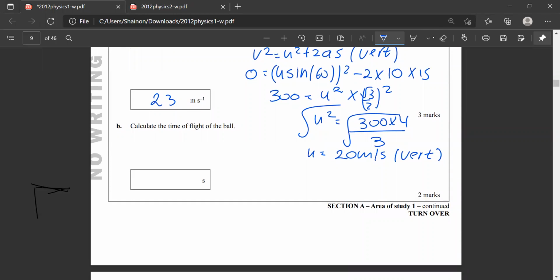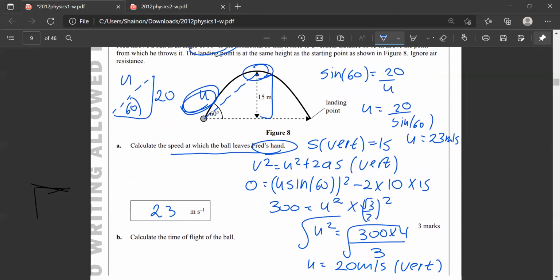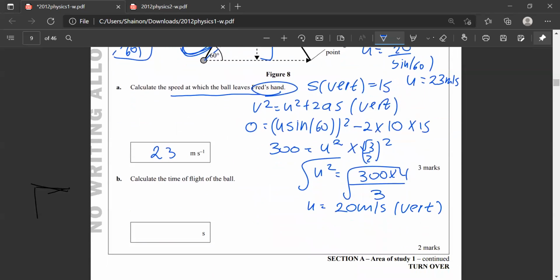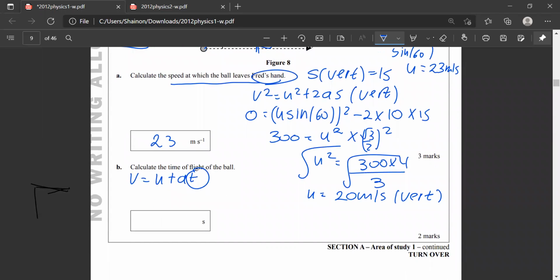Calculate the flight time. So we can use this formula to calculate the time. We know when it's at maximum, we can calculate it using half and then times it by 2. At maximum, it's going to be 0.